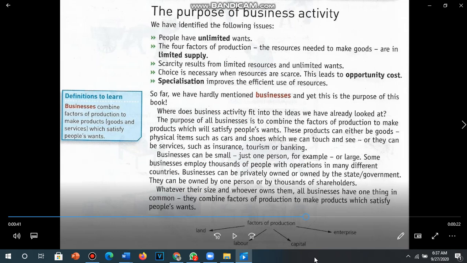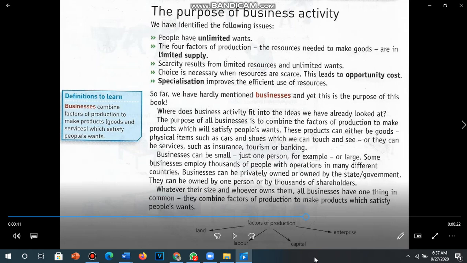Businesses combine factors of production to make products like goods and services which satisfy people's wants. So far, we have hardly mentioned businesses, and yet this is the purpose of this book, business studies. Where does business activity fit into the ideas we have already looked at?